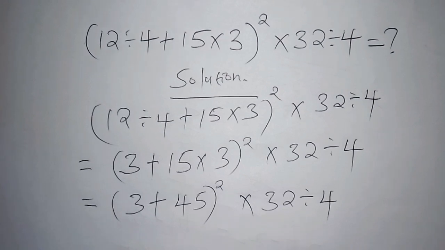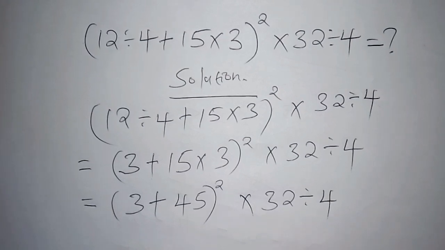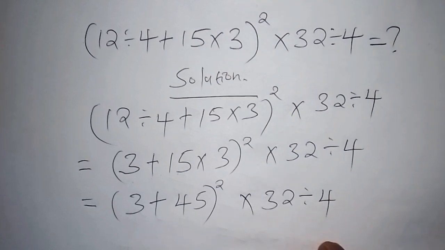You can see how it is best to follow the order step by step, because some people might mess up at this stage by adding 3 plus 15 to get 18, then multiplying 18 by 3, and they won't get 48. Those are the mistakes people make when working out advanced operations like these.